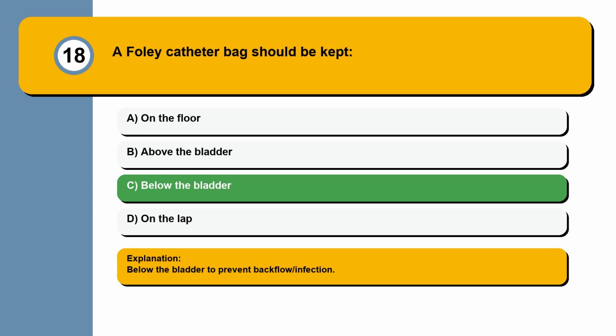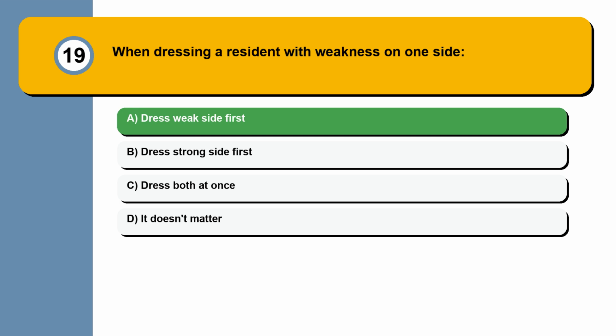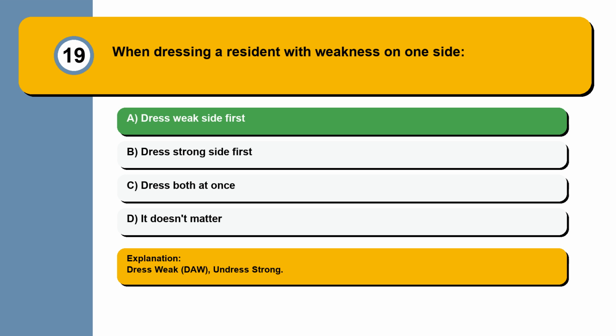Below the bladder to prevent backflow and infection. Question 19. When dressing a resident with weakness on one side, dress weak side first. Dress strong side first. Dress both at once. It doesn't matter. Dress weak, undress strong.